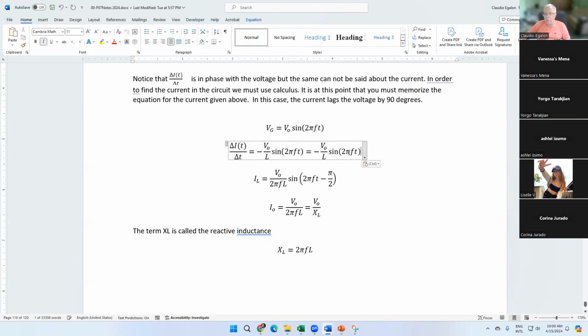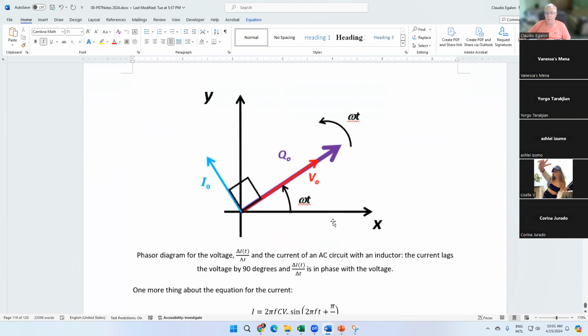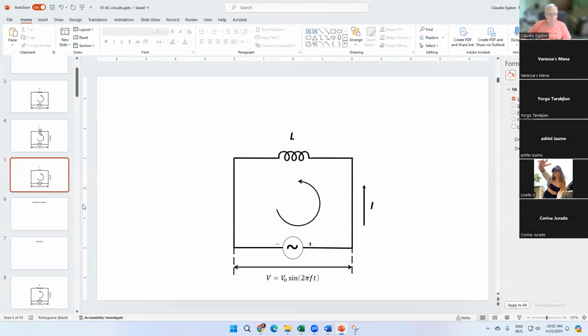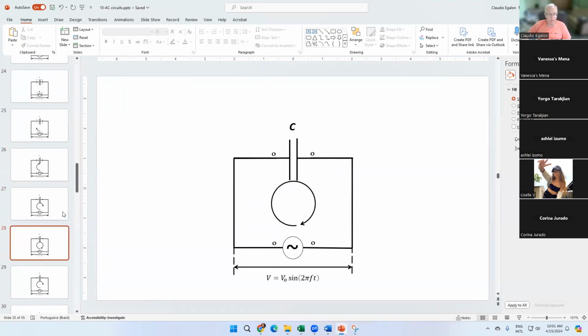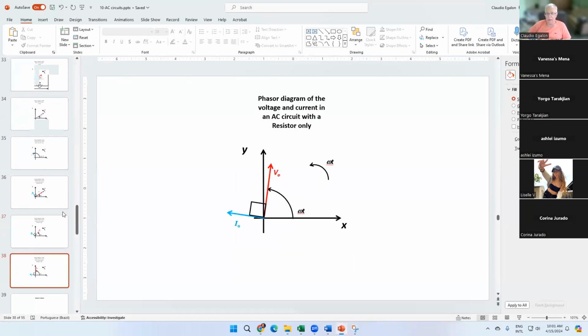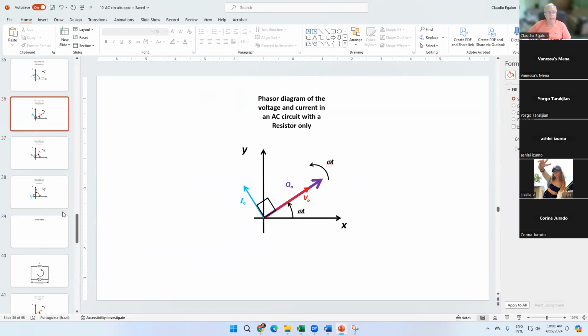There you go. Minus, like that. Let's put I. And now I'm going to draw the phasor diagram for, okay, see, here's a simulation, right?